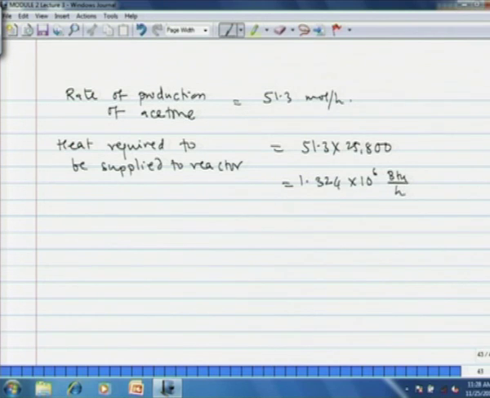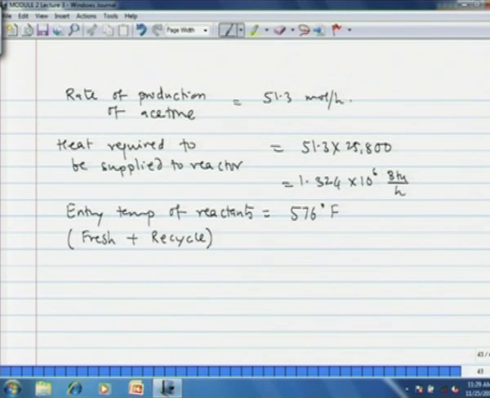Now, let us say that the entry temperature of reactant is 576 degrees Fahrenheit. Now, reactants mean both fresh as well as recycle. If all the heat of reaction that is required is taken from the reactants, the temperature falls below 0 degrees Fahrenheit, which is impractical, and therefore, we have to operate the reactor isothermally, that is, we have to provide the heat of reaction.